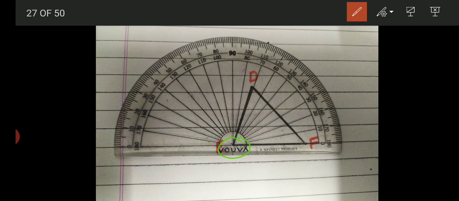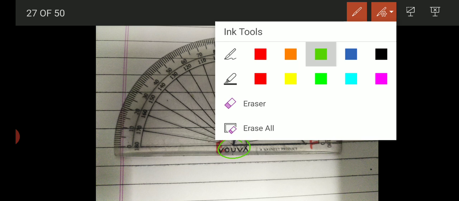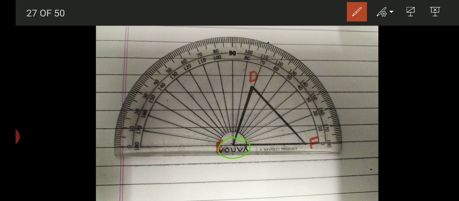Now, when I place it on point E, you can see that there is one line which is moving towards the F direction. It is marked with 0 degree, and normally when we are measuring an angle we start with 0 degree, the inner circle line.